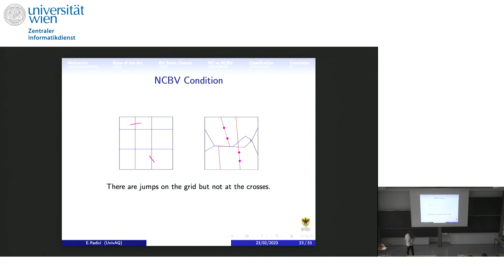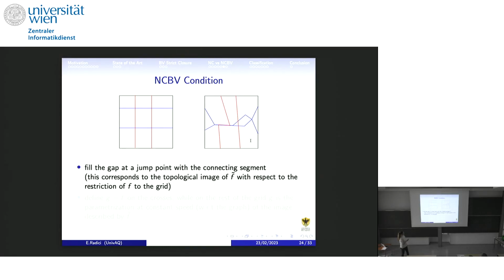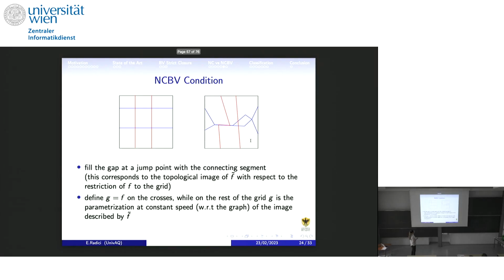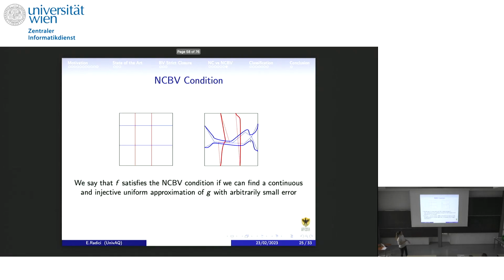With the multifunction, we fill these jumps with the segment connecting the endpoints, and then we parameterize these curves with some G that is equal to F on the crosses of the grid, and on the segments in between it's just a parameterization at constant speed, for example. Then we ask that this G is non-crossing, so that you can always injectify it, being as close as you wish to the original image.